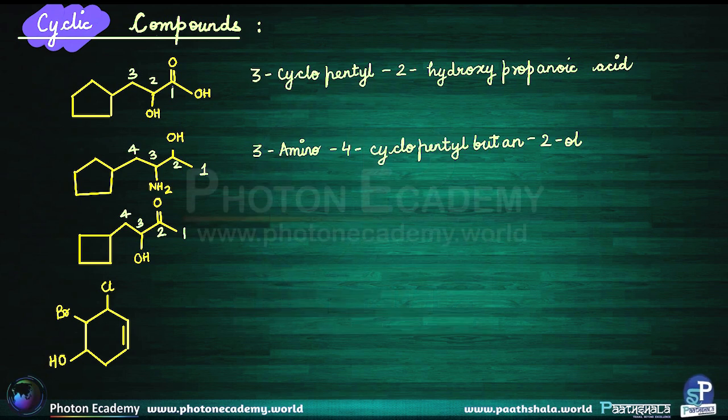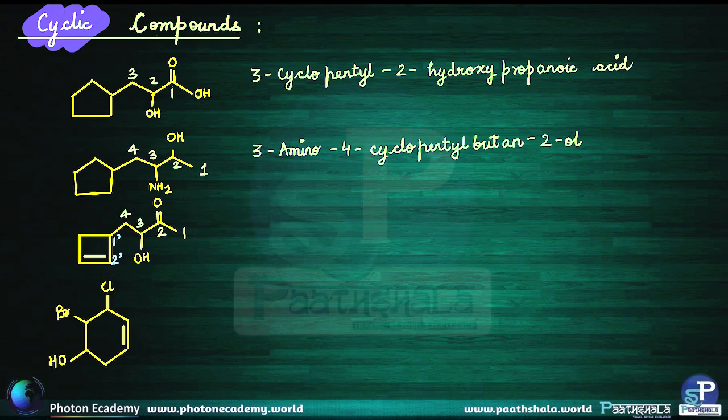Moving on to the third one, here we have 1, 2, 3, 4. Now let us put a double bond in this cyclic ring. When this happens, we have to number this ring also, as we will be mentioning the position of this double bond in the IUPAC name. So how do we do that?